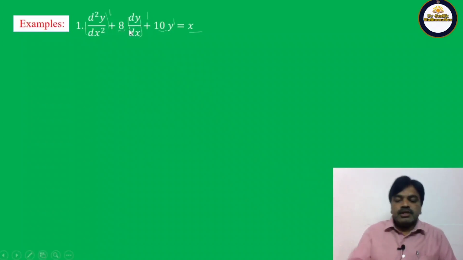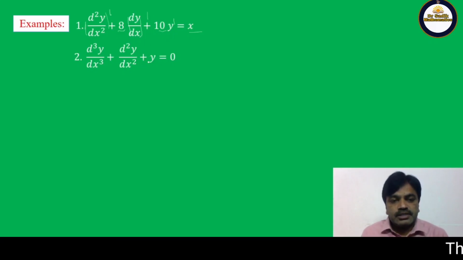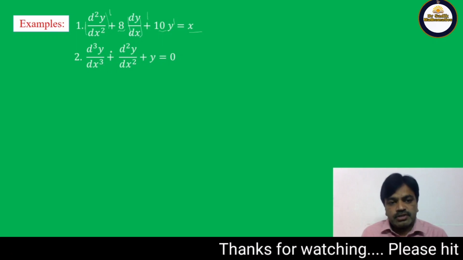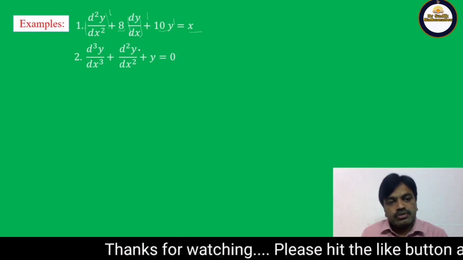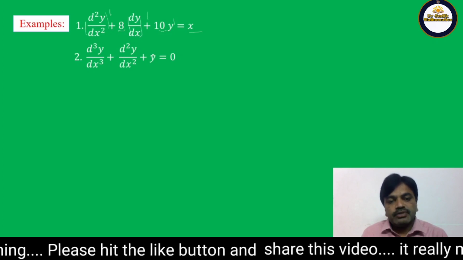Let us see another example. d cube y by dx cube plus d square y by dx square plus y is equal to 0. Here also the coefficients are constant and the degree is 1, so this is also an example of a linear differential equation.